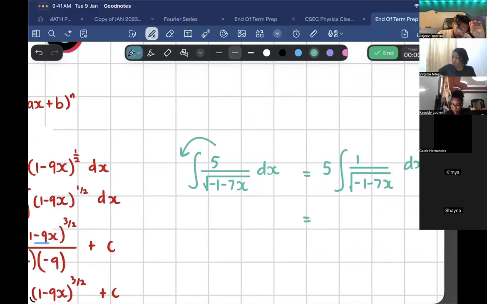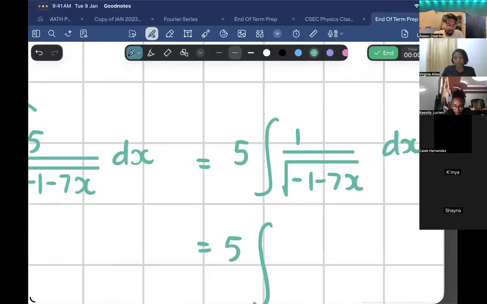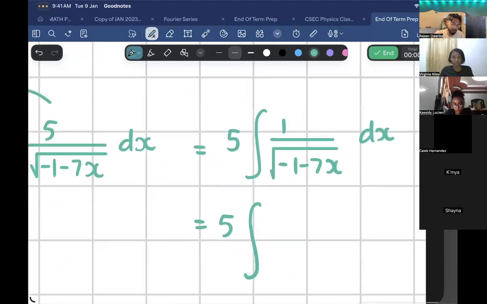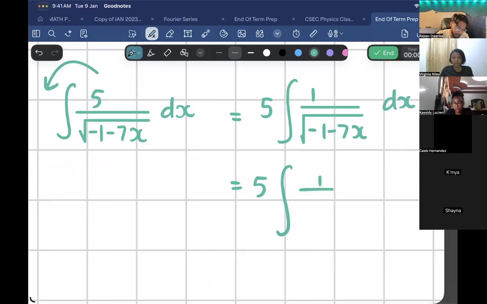So it's in the form that you gave us before. Yep, you'd be able to put it in that form. Now, we have 1 over the square root. Remind me, what does square root mean? What power does that mean? A half. So I could rewrite this as 1 over what?